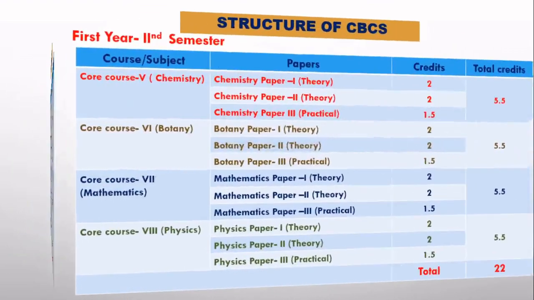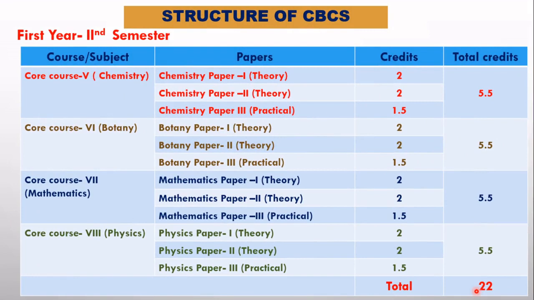Now for second semester there will be a similar scenario, but here the semester second has core courses fifth, sixth, seventh and eighth. Here also in first year second semester, there will be four courses, four subjects you have to select, and each subject has two theory papers and one practical paper. The credit distribution will be the same here also, and each core course has 5.5 credits.